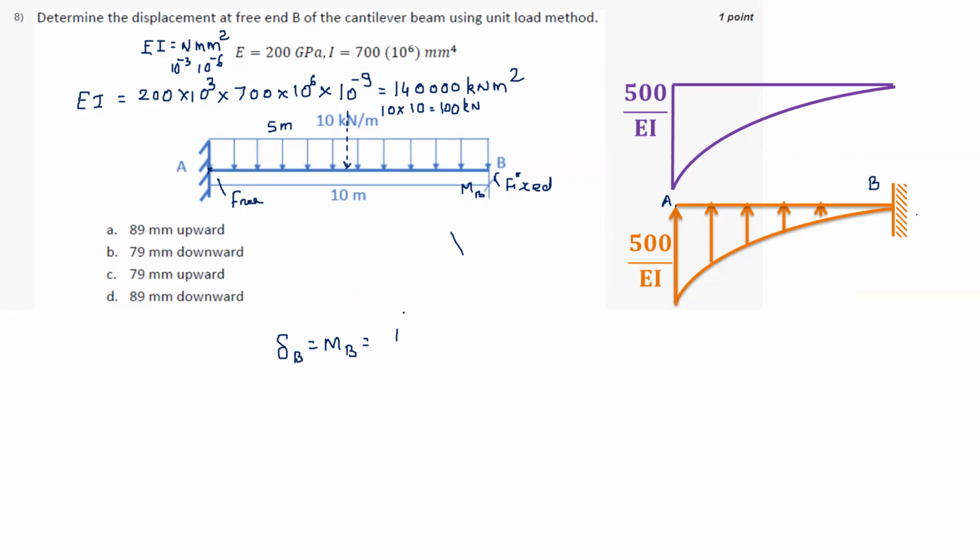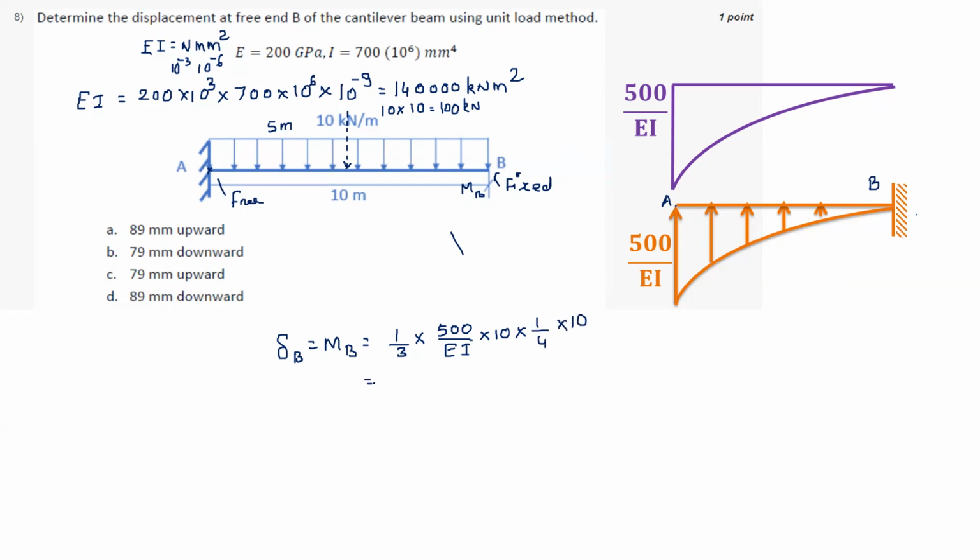So we have this as a parabola. For a parabola, the value is 1 by 3 into 500 upon EI into 10 into, it will act from B, that is 1/4 of 10.